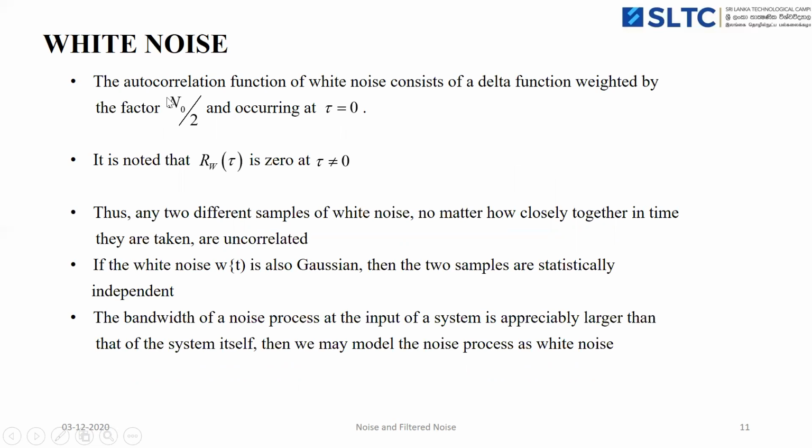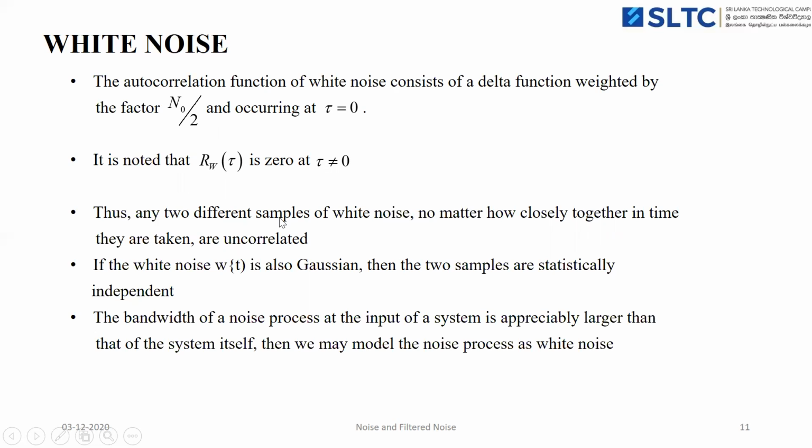The autocorrelation function of white noise consists of a delta function weighted by the factor N naught by 2 and occurring at a delay tau equal to 0, right? And it is noted that the autocorrelation function is 0 at tau not equal to 0.